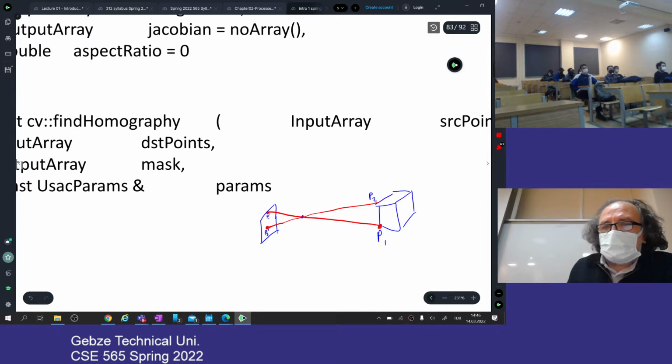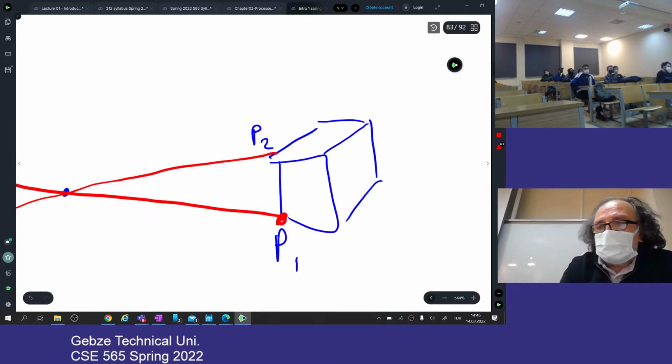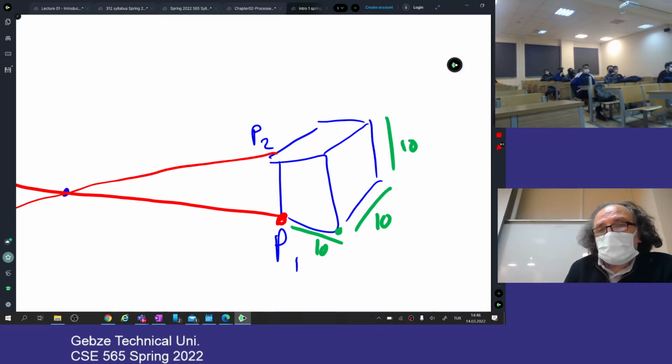But where do I get this P1 and P2? Nobody knows where the real world origin is. Usually I assume stuff. You will say, I know this is a cube, and this cube is 10 centimeters by 10 centimeters by 10 centimeters. I assume that this corner is 0, 0, 0, and these are the directions of my axes.